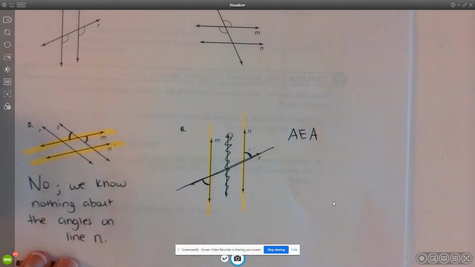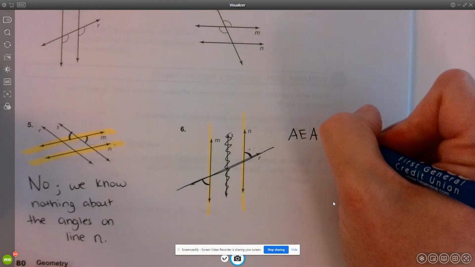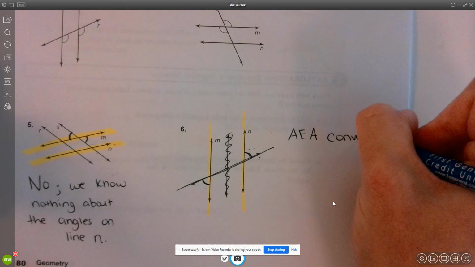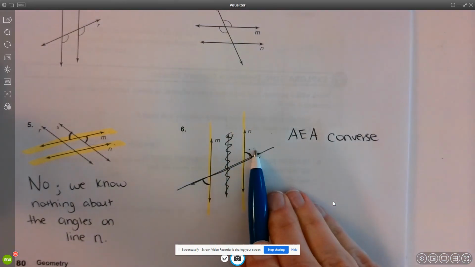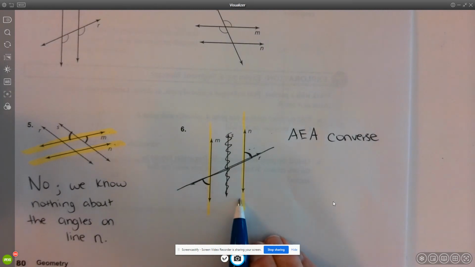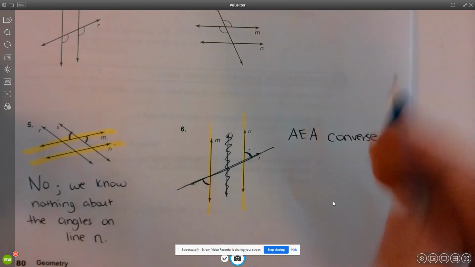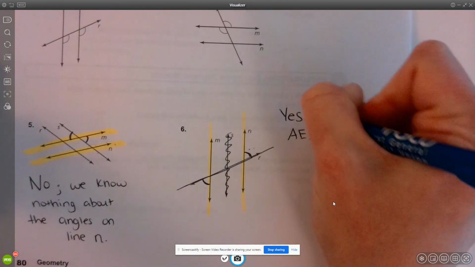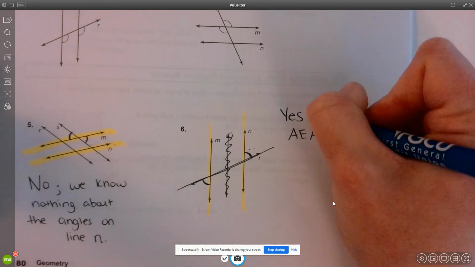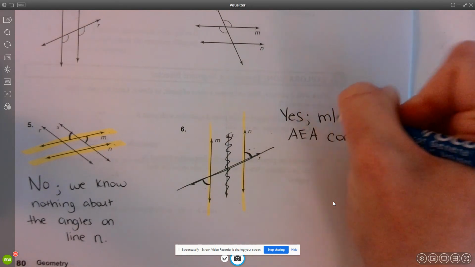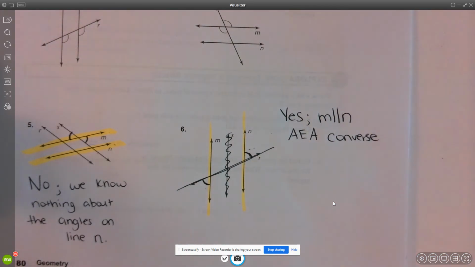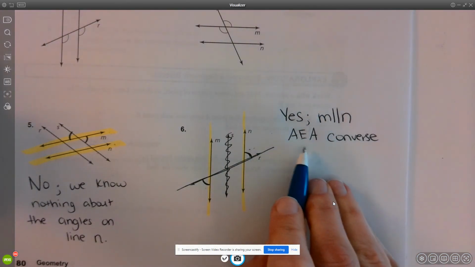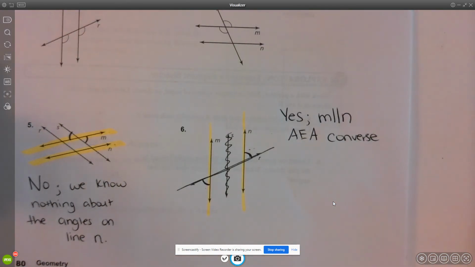And so we know by the alternate exterior angle converse theorem that if alternate exterior angles are congruent, then the lines must be parallel. So yes, we know line M is parallel to line N because of the alternate exterior angle converse.